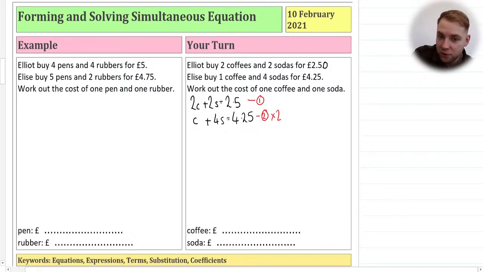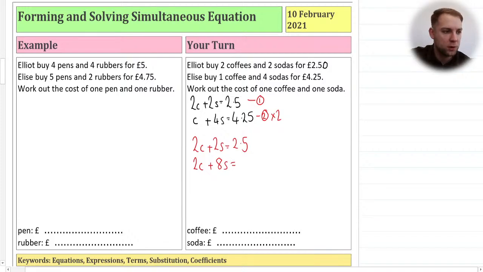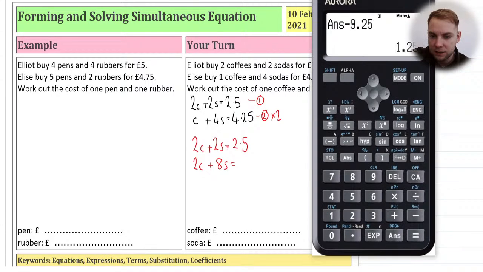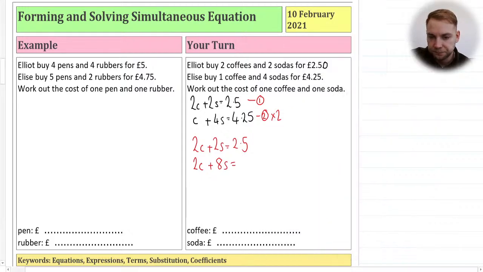So I need to keep the first equation the same, which is 2C plus 2S is equal to 2.5. And then if I times the bottom one by 2, I end up with 2C plus 8S is equal to 4.25 times 2, which is £8.50.